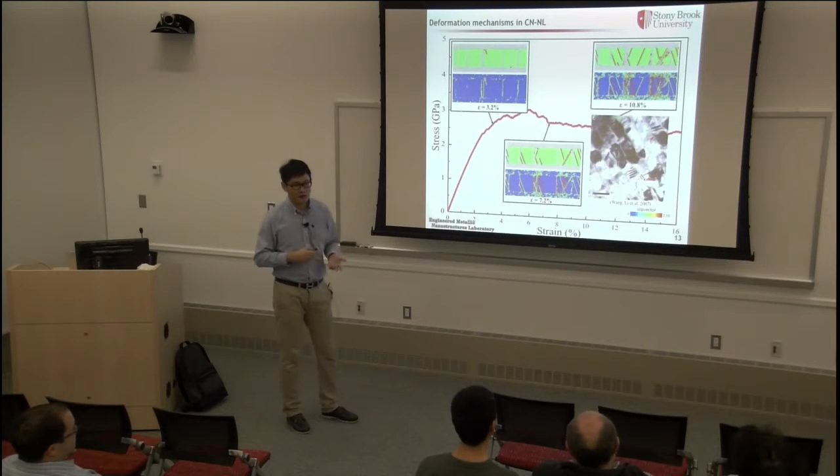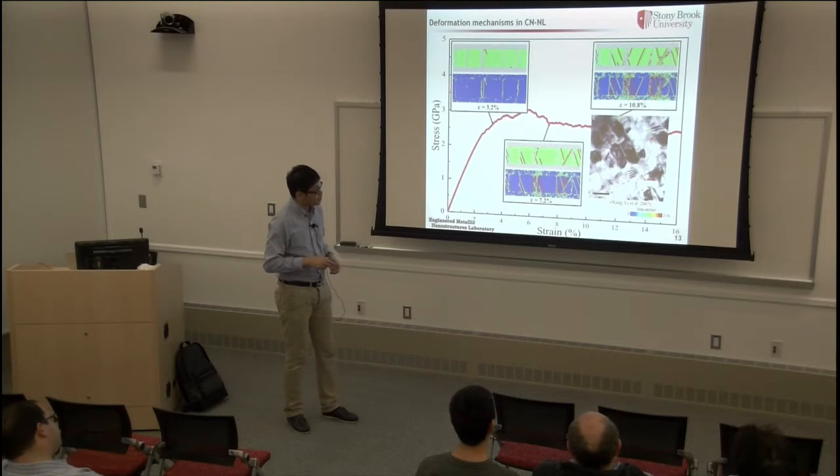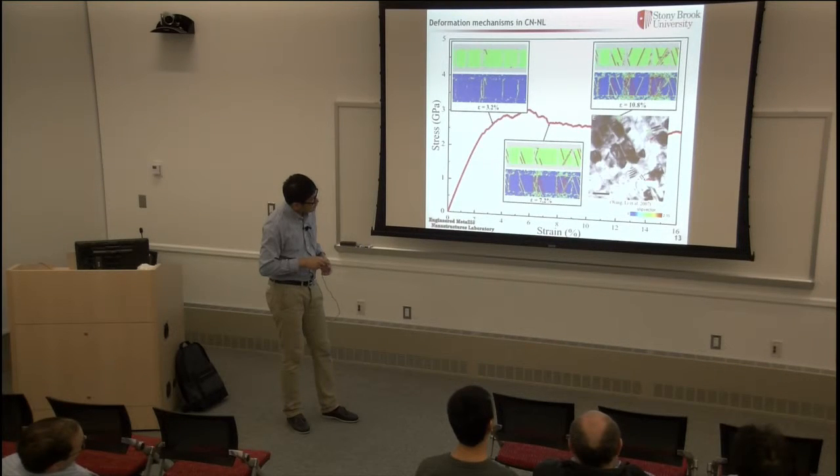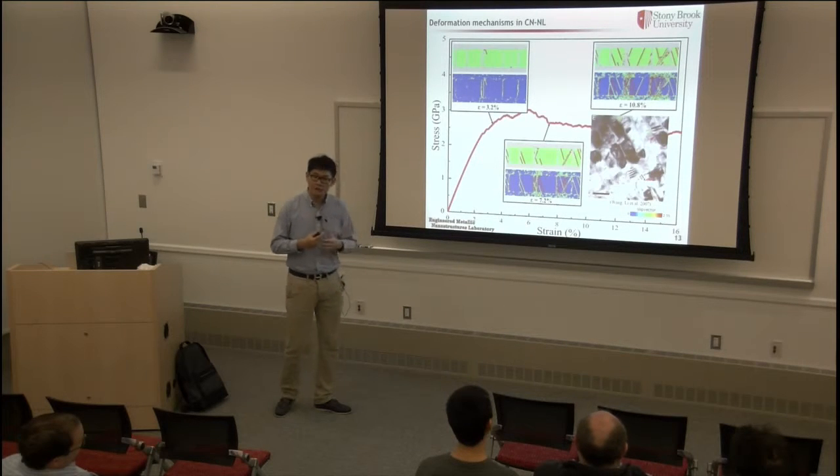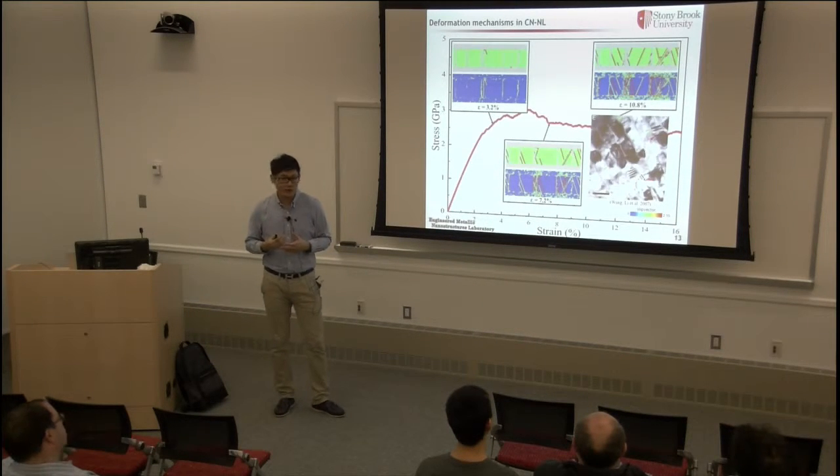So when we compare our result with the experimental structure, the TEM picture, we found that the stacking fault also spreads across the entire nanograin, and also the deformation twin is found right in here. So it's in agreement with the experimental result.